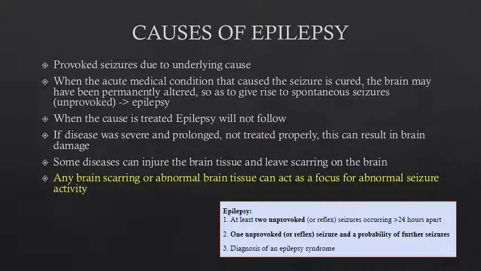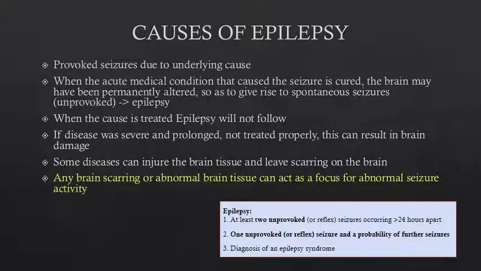As we have discussed, a provoked seizure occurs due to an underlying medical cause, such as those that we've reviewed on the previous slide. When the acute medical condition that caused the seizure is cured, sometimes the brain may have been permanently injured or altered so as to give rise to spontaneous, unprovoked, recurrent seizures in the future.